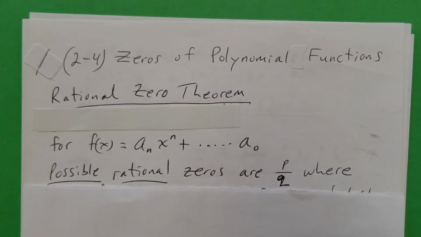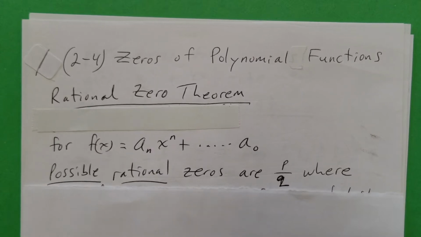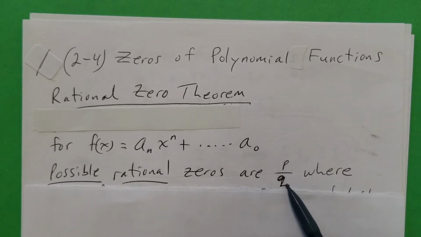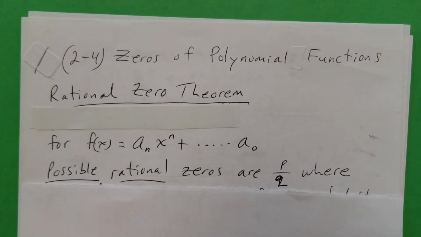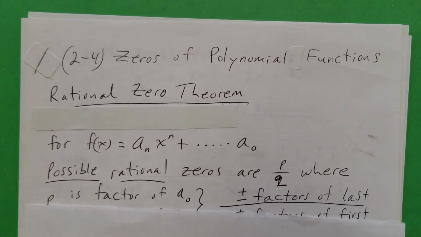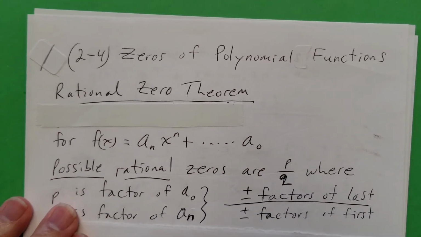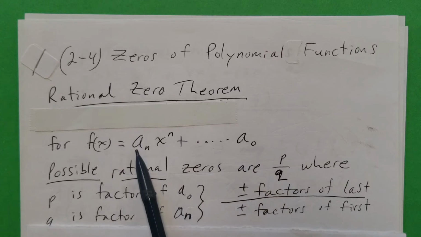So possible rational zeros are P over Q, where those numbers, P and Q, come from the first and the last factors.